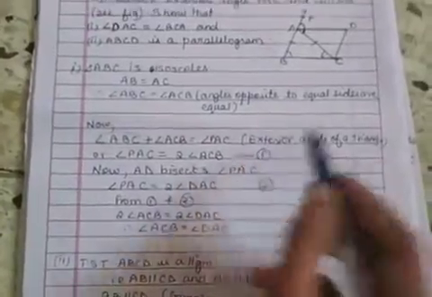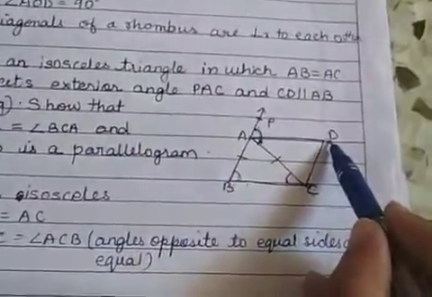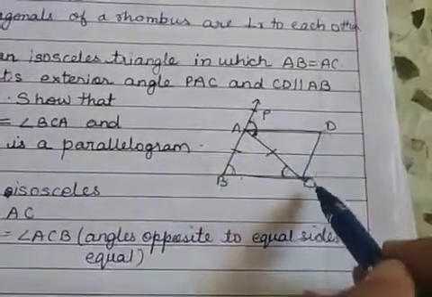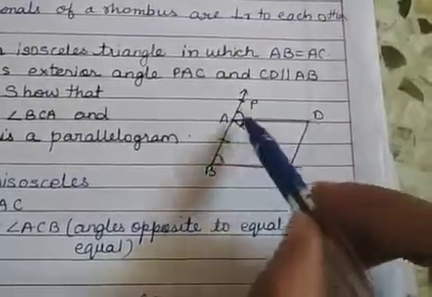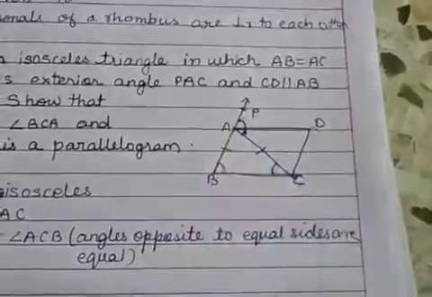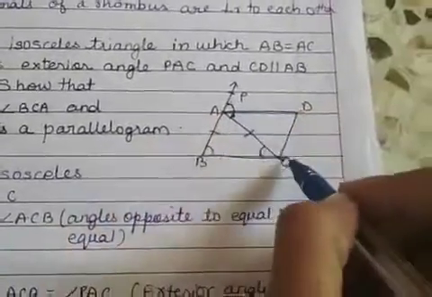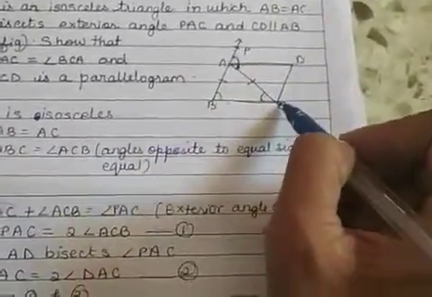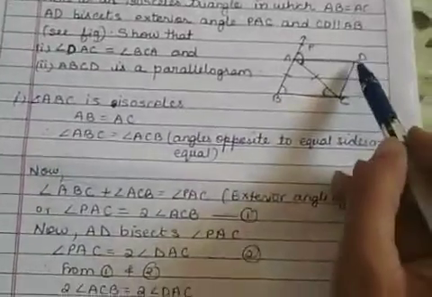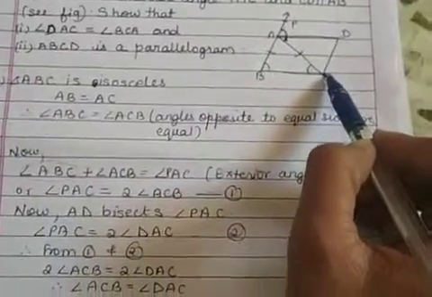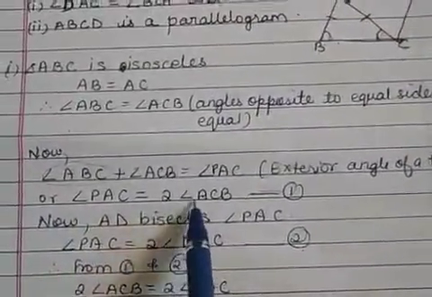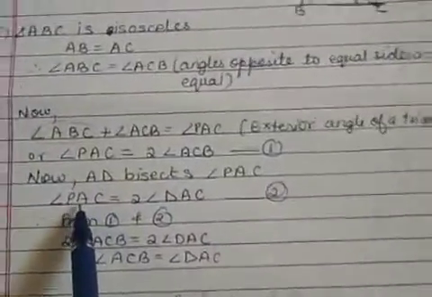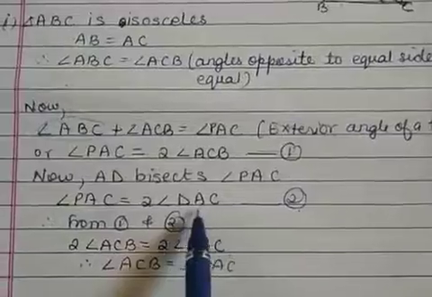Now it is given that AD bisects the exterior angle PAC. Then what will be this angle? We can write angle PAC as 2 times angle DAC, correct? Because this angle will be equal to this angle. So angle PAC is equal to 2 times angle DAC. Number this equation 2. Now from 1 and 2 we see angle PAC is equal to 2 times angle ACB, and also equal to 2 times angle DAC.